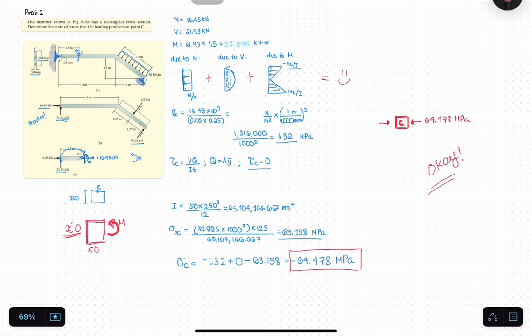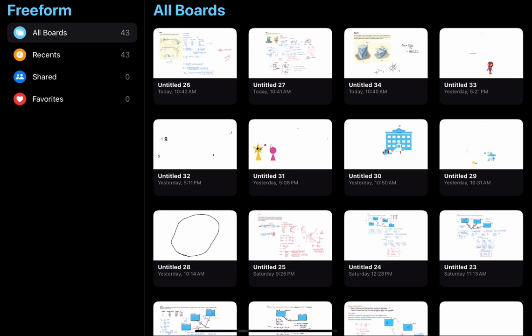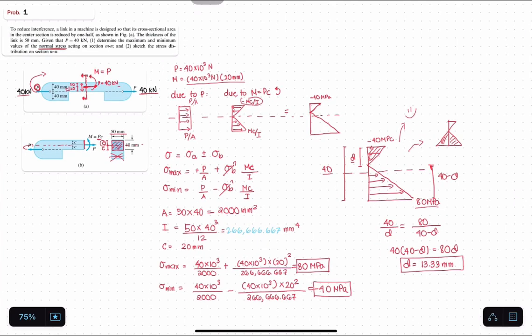Okay, so ito yung 250 cube natin. Okay, so similarly, yung cross-section natin, similar lang doon sa kanina. Ito yung M. So, ang ma-cube, kung 40 by 50, parallel to this moment is itong 40. So, ang na-cube na sa atin is 40.